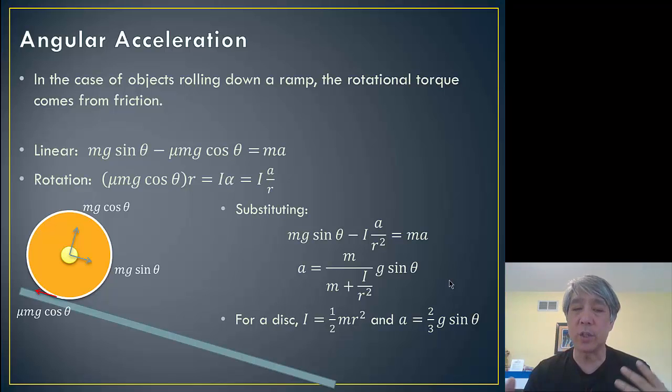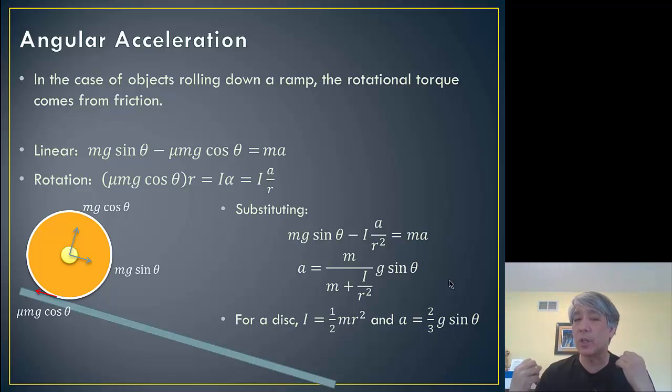The rotation equation is still torque, the friction, times r is equal to I alpha, and because there's no slipping, it's a over r. Again, making the substitution, I find that my acceleration is now 2/3 g sine theta. As you would expect, it will be less than what it would have been if there was no friction.